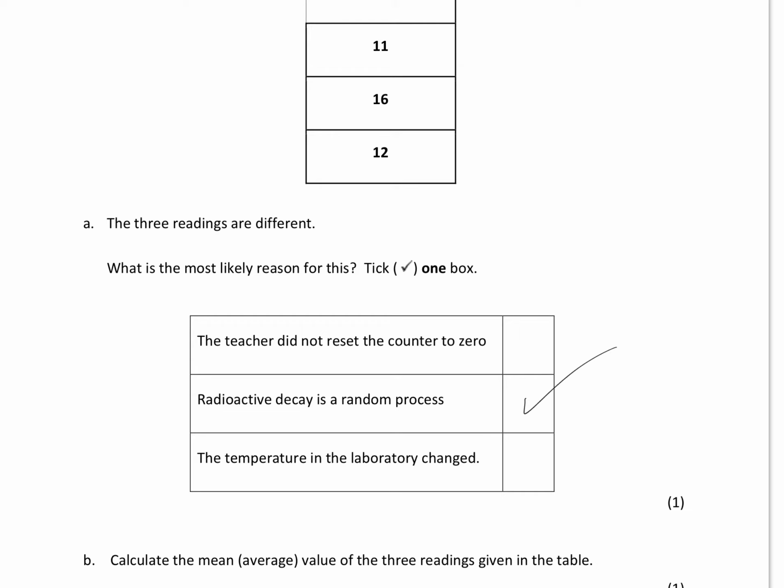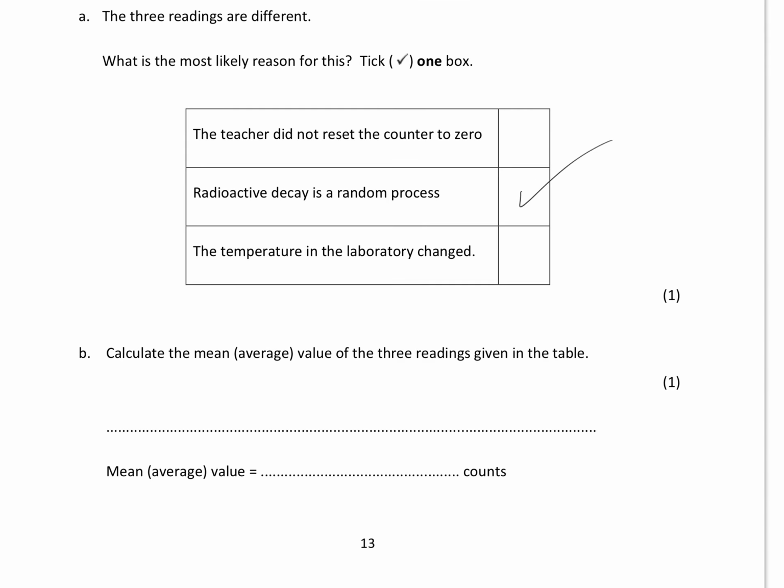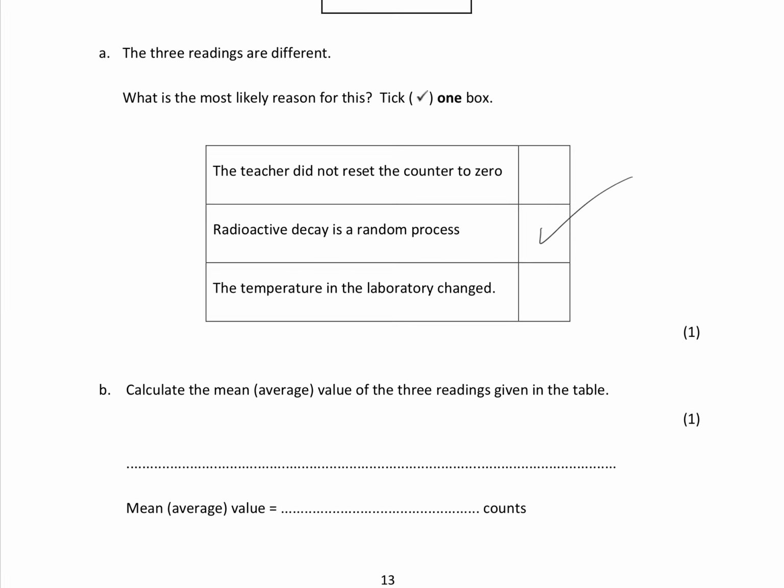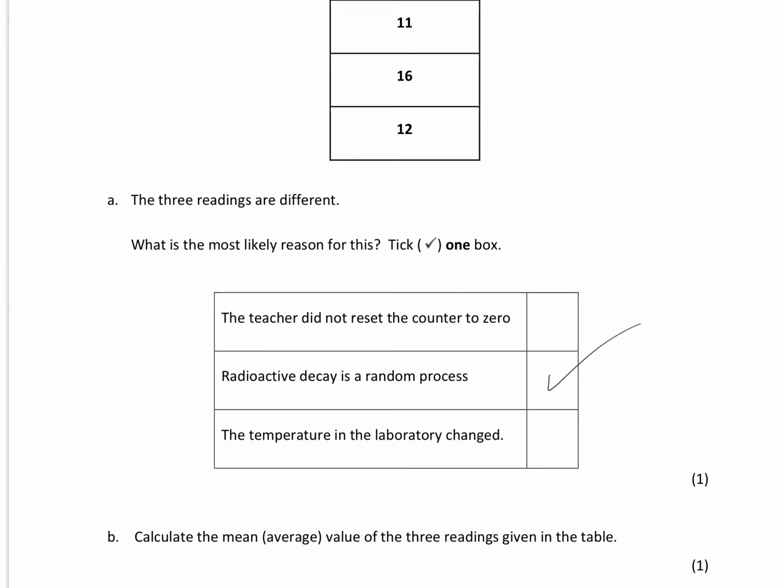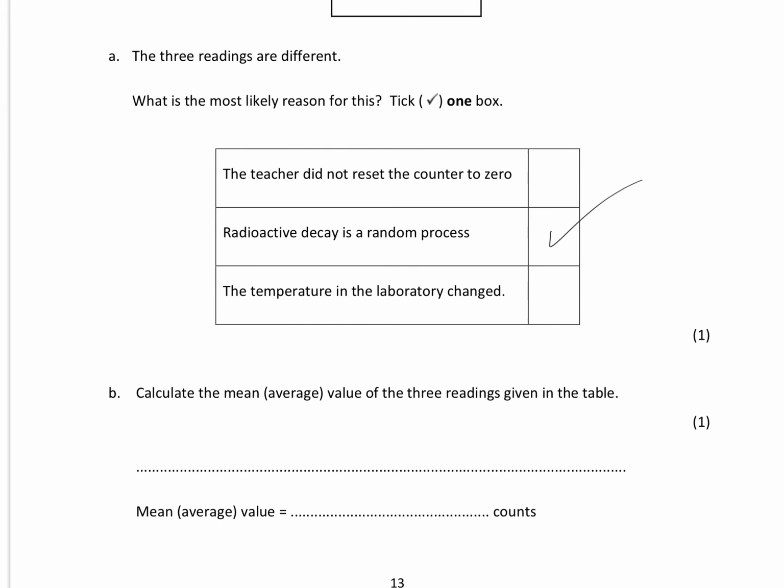It's a random process, radioactivity. So we could take this reading over and over and over, and we would expect, because of the random nature, to get different readings each time. However, they would average to some predictable value. Now, part B just asks us to work out what that average is. So we need to average these readings, 11, 16, and 12. It's fairly straightforward.